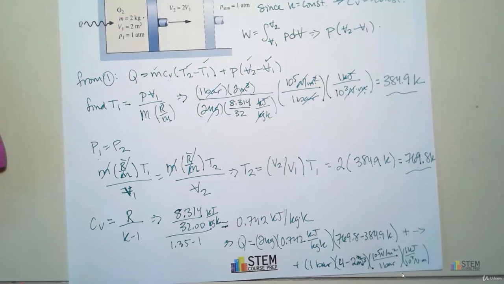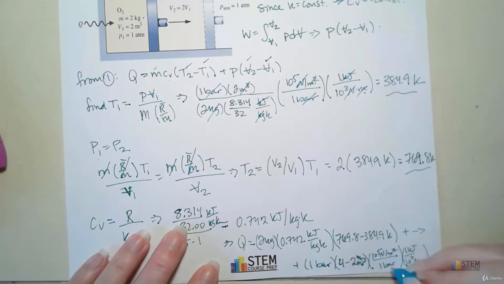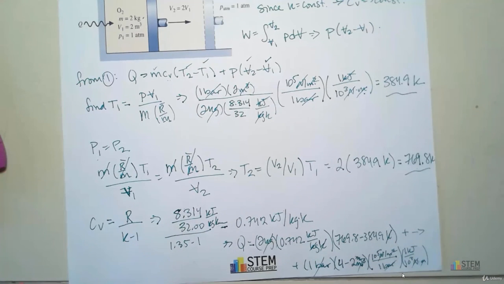Now you got that. All your units are going to work out. The meters go away, newtons will go away, bar goes away. You're left with kilojoules. Over here, make sure you also have kilojoules. Kelvins go away, kilograms go away, you got kilojoules. So units are good. Let's go ahead and find our value.